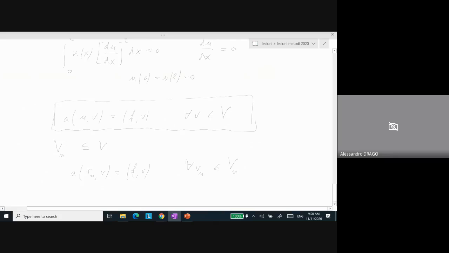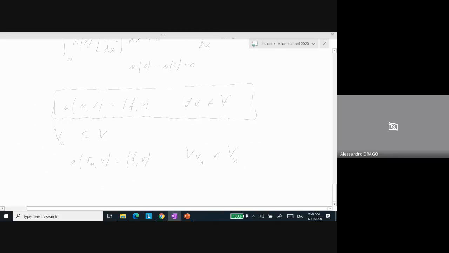Now we restrict to a subspace, and we say, okay, let's write this new equation here. This new equation clearly defines another object, which is vn. Okay, so everything in this new equation belongs to the subspace Vn. The test function belongs to the subspace, and the solution belongs to the subspace.